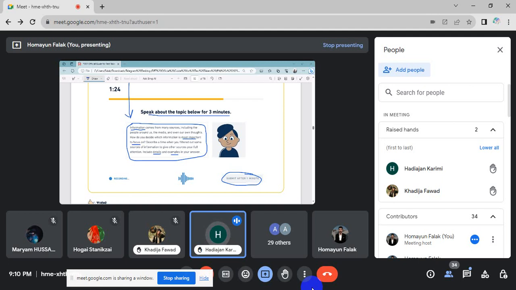We live in a world where technology is developed and we can easily find information from different sources, but the really important thing we should focus on is the validity of information, that the information should be up to date, and the sample size of information. I mean that this information has been collected between how many people, how many groups, and also when this information was conducted and how this research was conducted. This is really important.